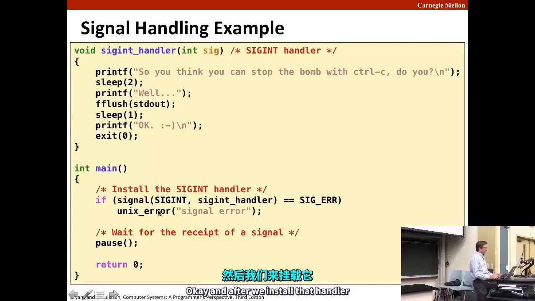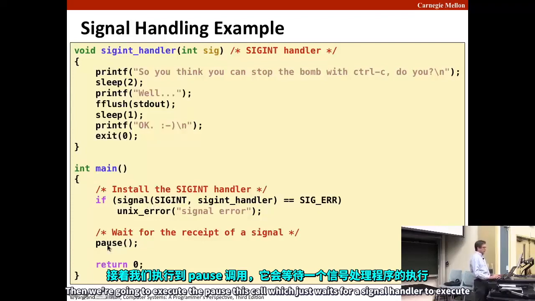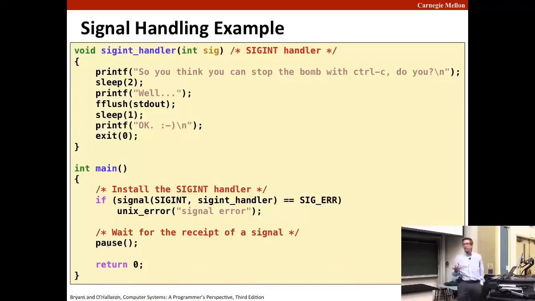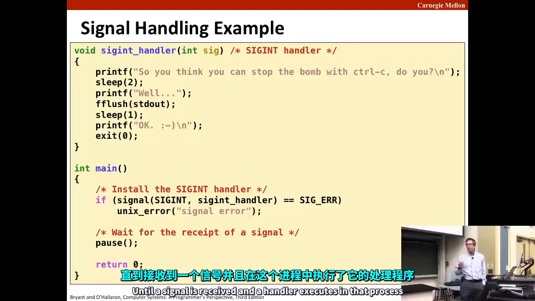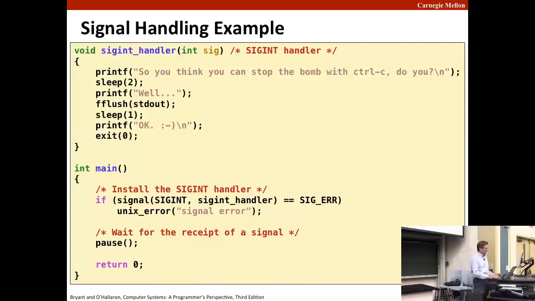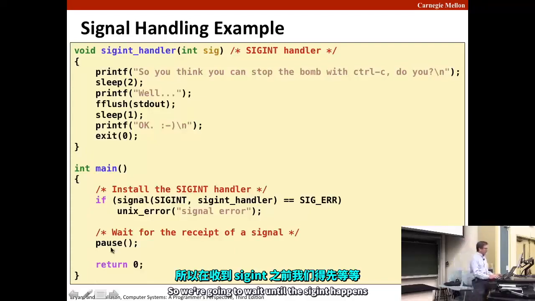After we install that handler, we're going to execute the pause syscall, which suspends the current process until a signal is received and a handler executes in that process. And then pause returns. So we're going to wait until a SIGINT happens.